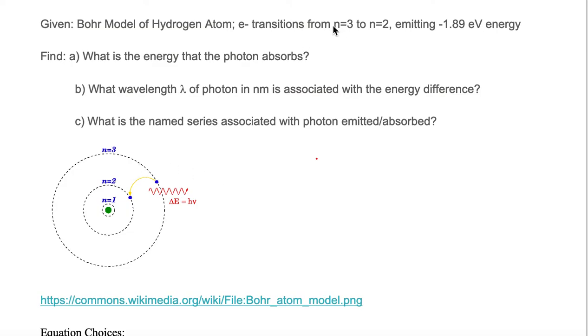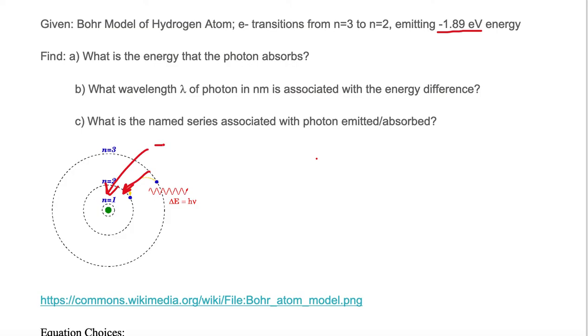We're told that the electron is transitioning from n equal to 3 to n equal to 2. So as it's going downhill, it's going to emit energy, and it's going to emit minus 1.89 eV of energy. Keep in mind that anything that's bound in this direction is negative, meaning that it's bound.